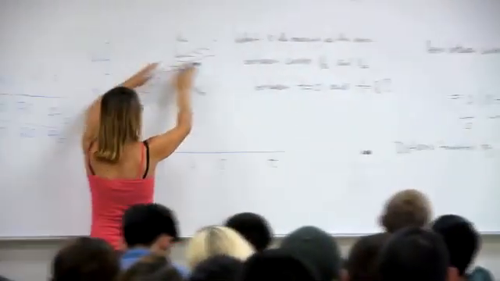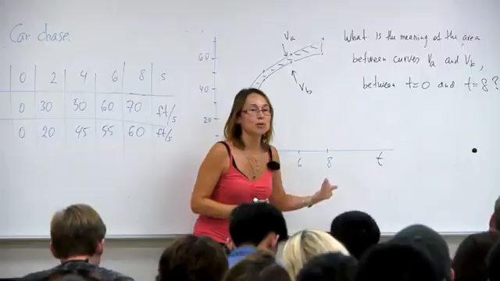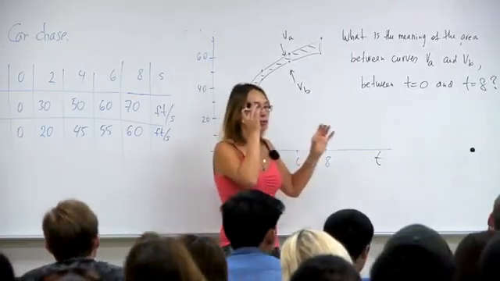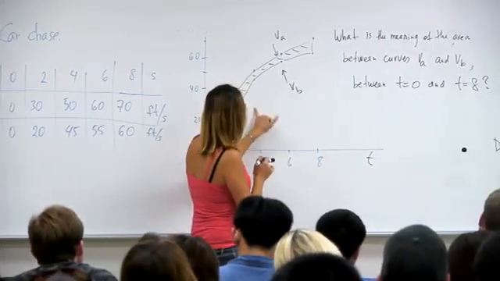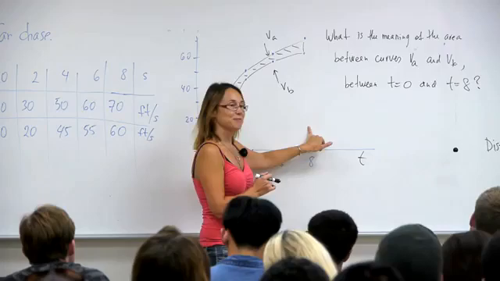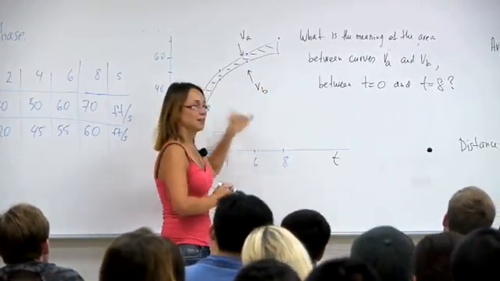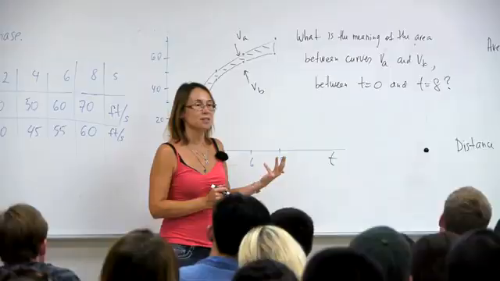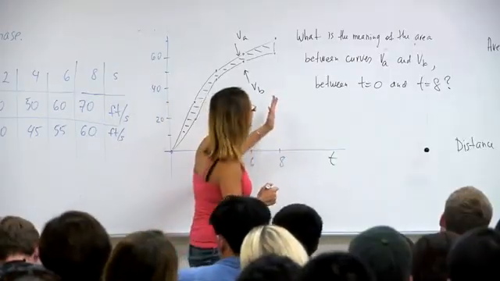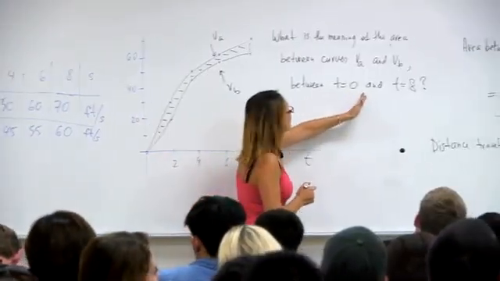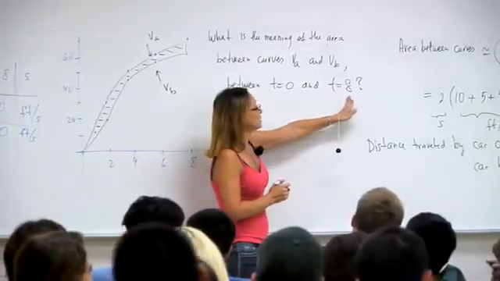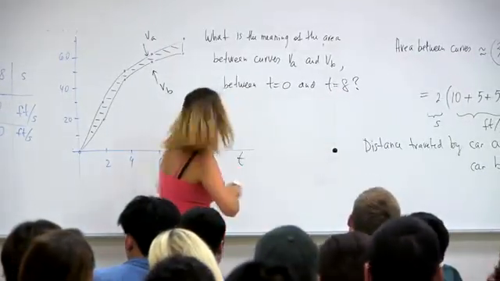When I keep doing this, all I'm doing is calculating the distance between 2 cars after 4 seconds, 6, and 8 seconds. So the meaning of this area is actually the distance between 2 chasing cars that start their motion at time t equals 0 and end at t equals 8.